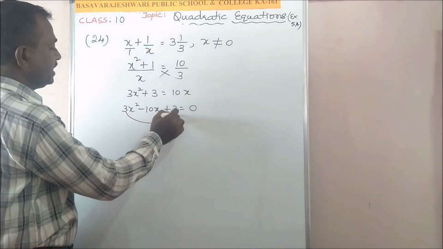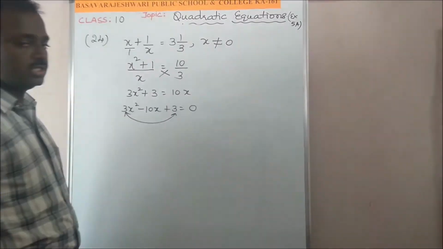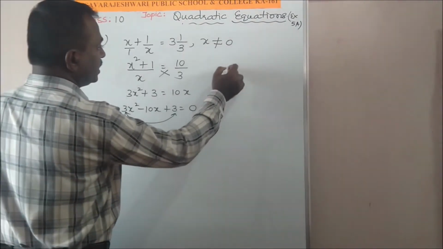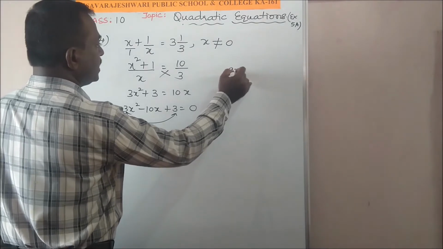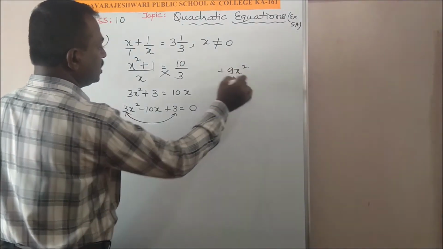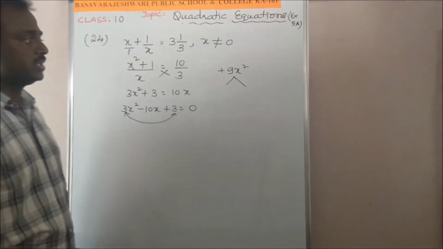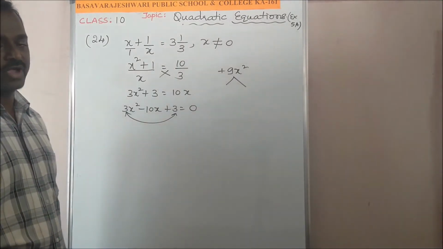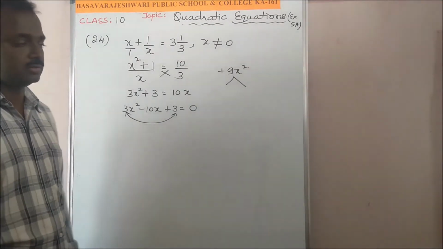3 times 3 is 9, so 9x². We have to find two numbers whose product is 9 and whose sum is 10.